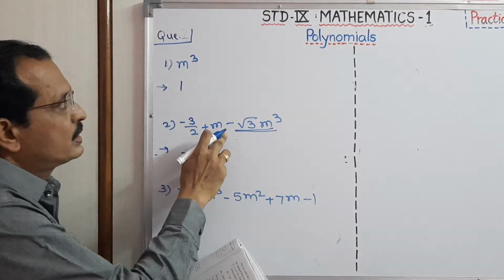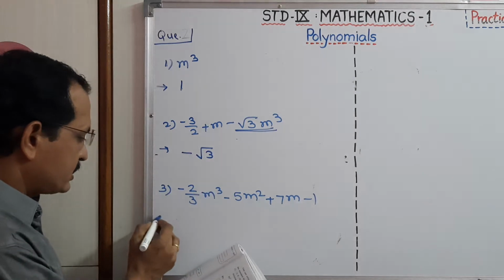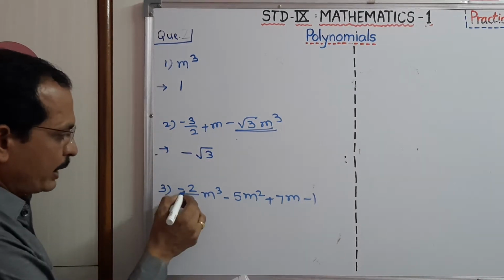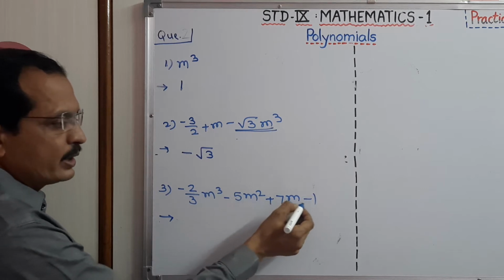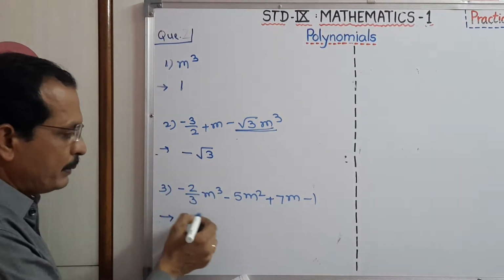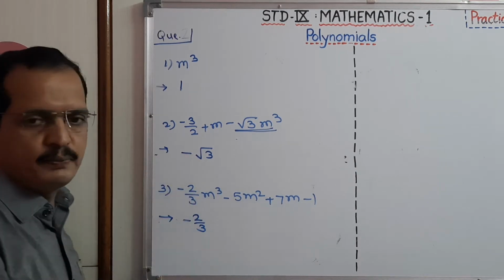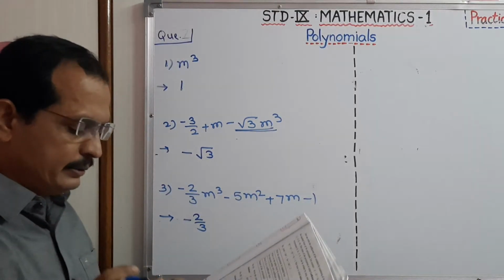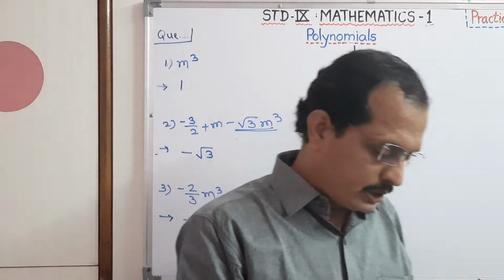We have to consider the sign also. Here it is plus, therefore we write as it is. Here it is minus 3, and dear student, minus 2 upon 3 m cube minus 5m square plus 7m plus 1. This is the m cube term, therefore the coefficient is minus 2 upon 3. Very simple, very easy.